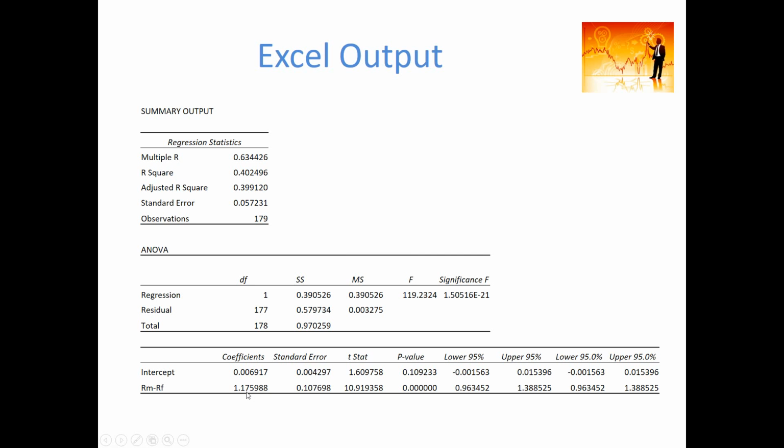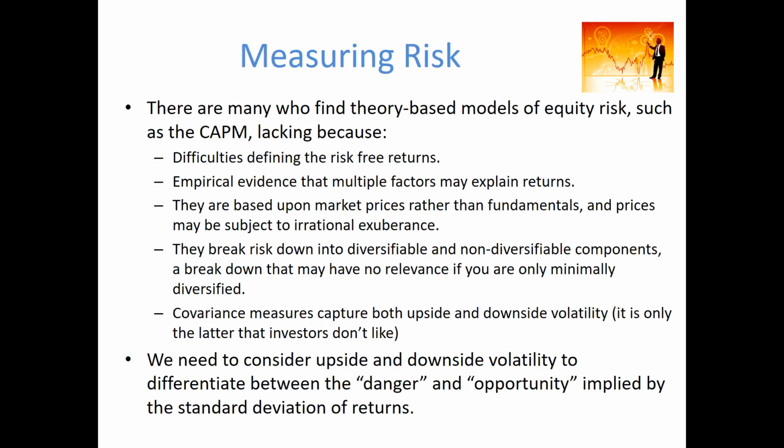You can see it's 1.17. So the systematic risk of this stock is slightly higher than the risk of an average risk portfolio, and it should also have a return slightly higher than the average risk portfolio or the market portfolio.